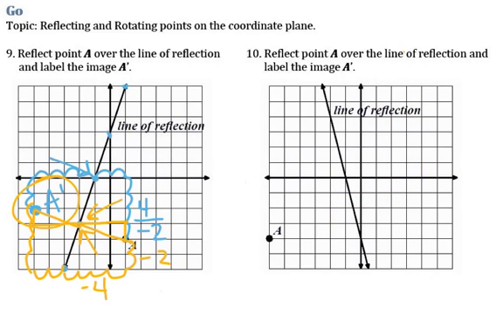Let me double check. Alright, so we should end up about 5, negative 1, right about there. Okay, right about there would be A prime. I don't know why I did a double prime. Okay.